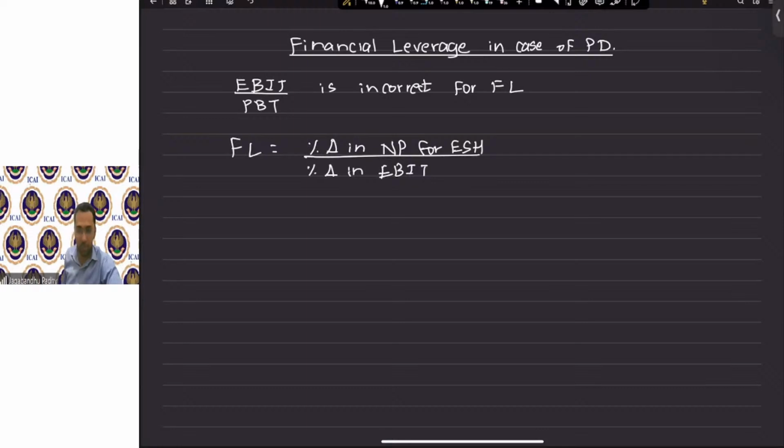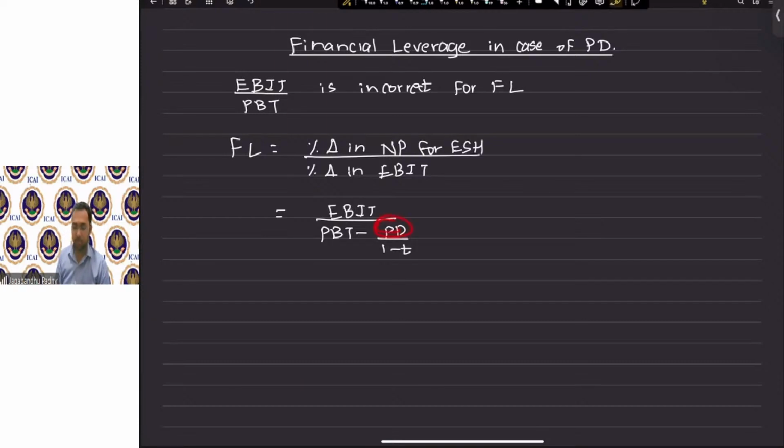If we talk of the shortcut formula for financial leverage when preference dividend is involved, it is EBIT upon PBT minus preference dividend upon 1 minus tax rate.